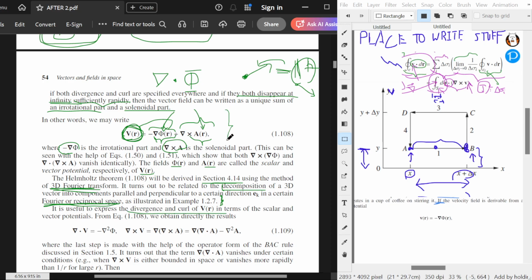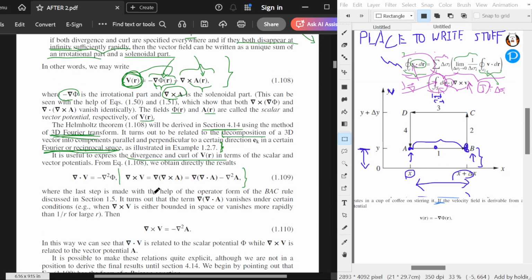From this, we obtain these results. One result and this like double result here, where the last step is made with the help of the PSC rule. It turns out that this thing vanishes under certain conditions.